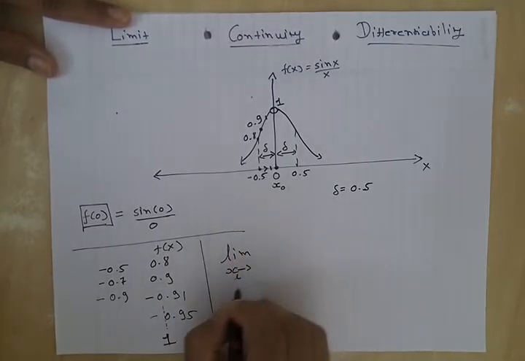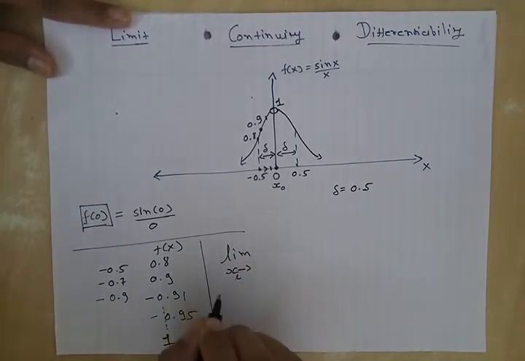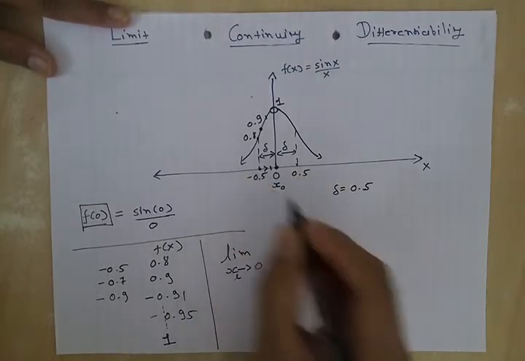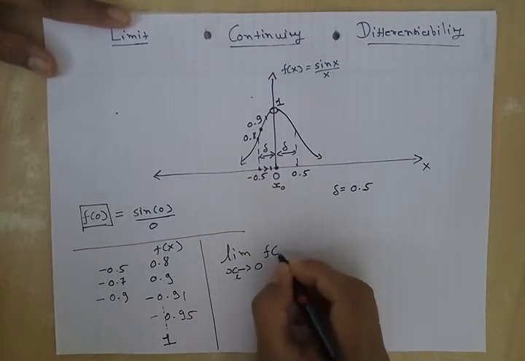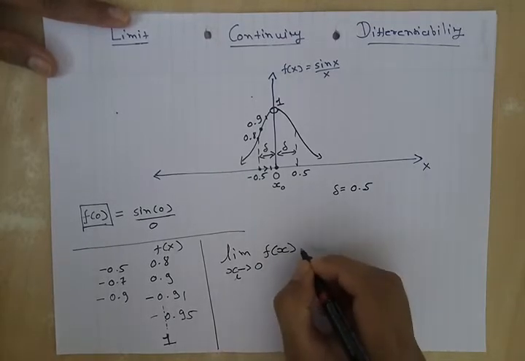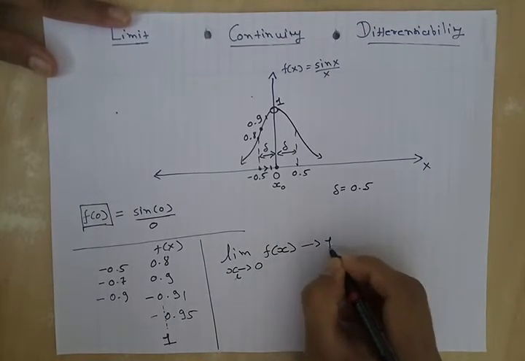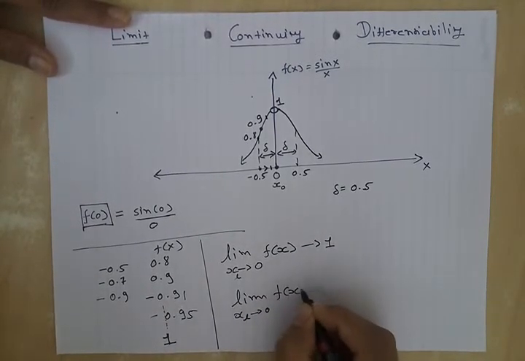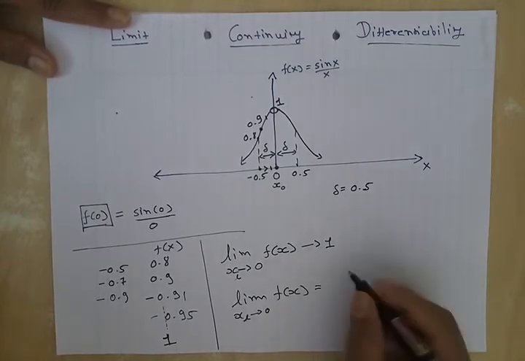This limit will be called the left hand side limit. So as x tends to 0 from the left hand side, the function f(x) will approach 1. So we can say that the left hand side limit is equal to 1.